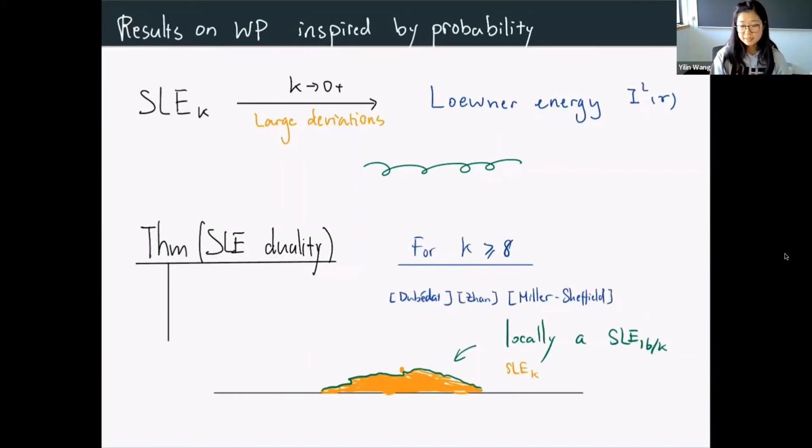And in the SLE literature, there's a result called SLE duality, which says that if you take SLE kappa for very large kappa, then the boundary of this space-filling curve will be an SLE 16 over kappa curve. So for very large kappa, I'm still not sure about that.